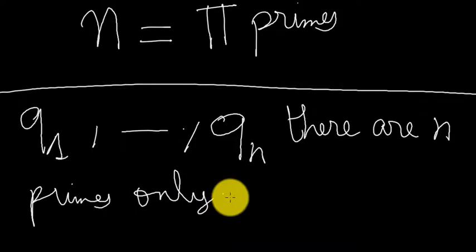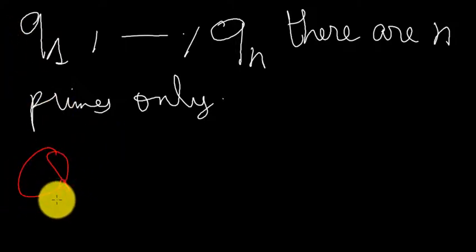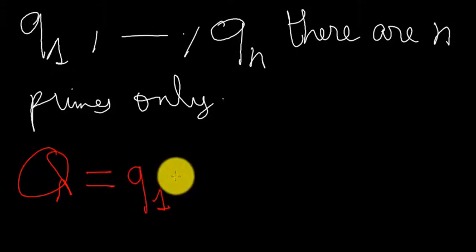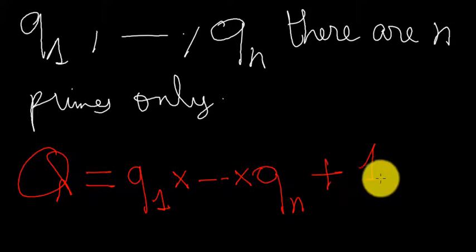Now, if there are n primes only, let's take the following number, I'll call it big Q, capital Q, and we'll take it equal to the product of all primes that we are already assuming plus 1.